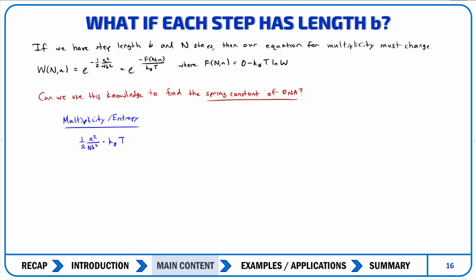And we're going to compare it to a spring. So this would be a mechanical spring, where we have 1/2 kx squared, where k is equal to a mechanical spring constant.